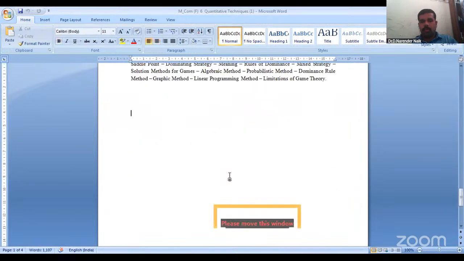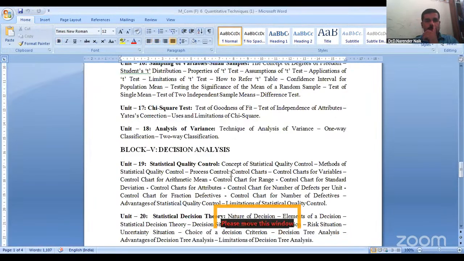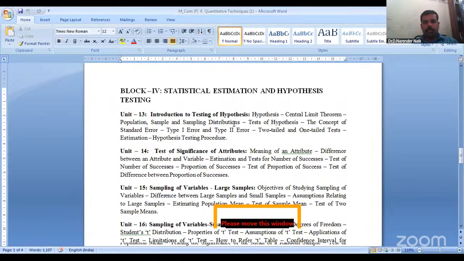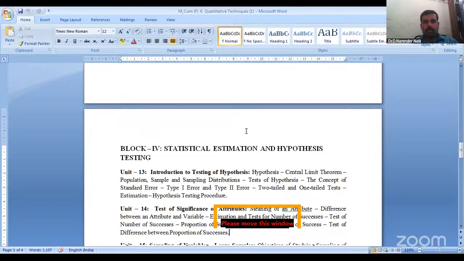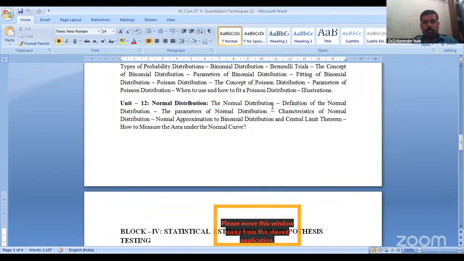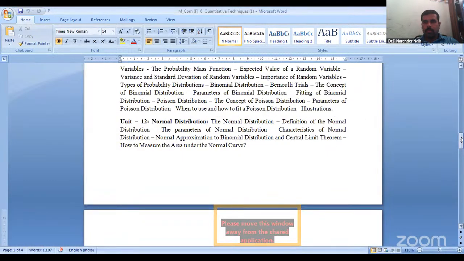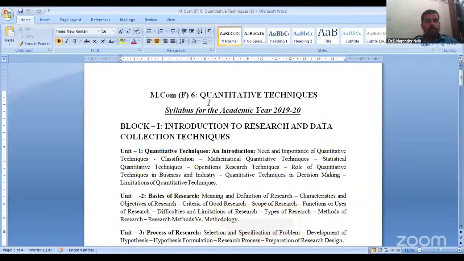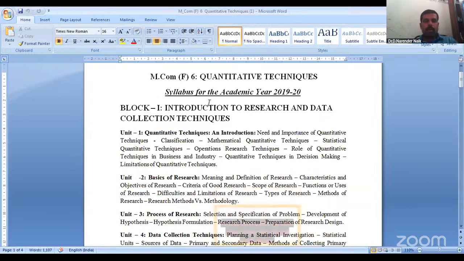Right. So you see the block number 1, that is introduction to research and data collection techniques.